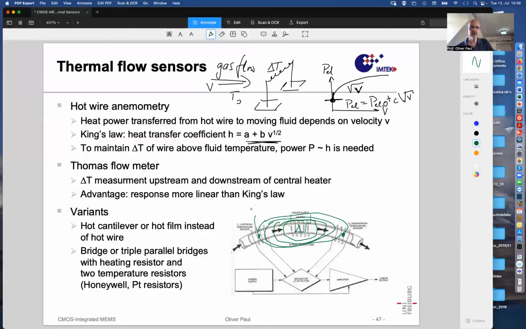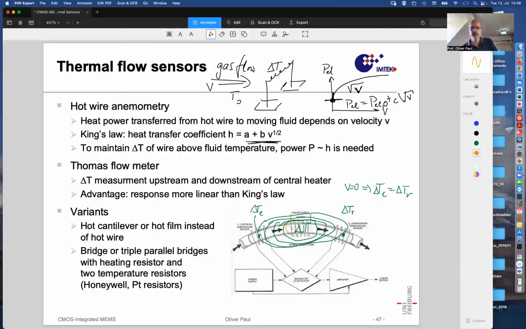We have delta T left and delta T right. And for V equals 0, of course, delta T left is equal to delta T right. Now if gas flows, of course, more heat will be transferred to the right.